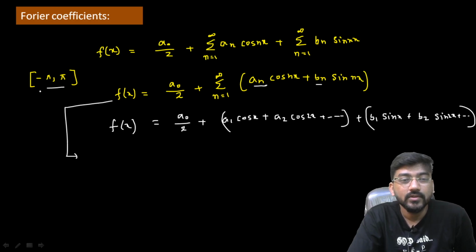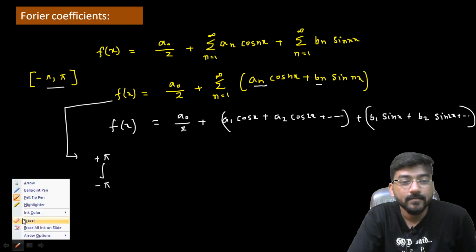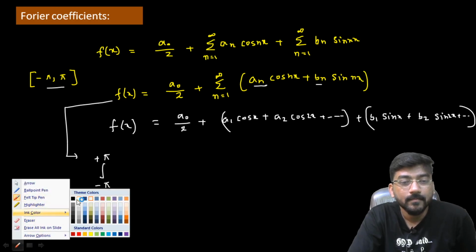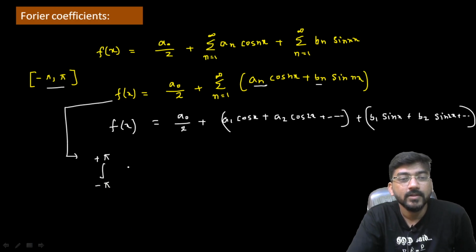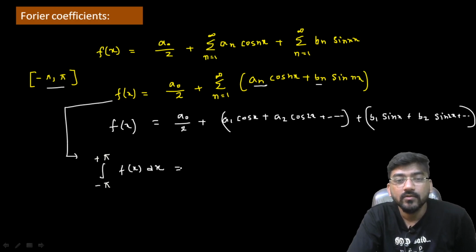So integrate within this limit, minus pi to plus pi, f of x dx, is equal to a0 by 2 integration minus pi to plus pi dx.